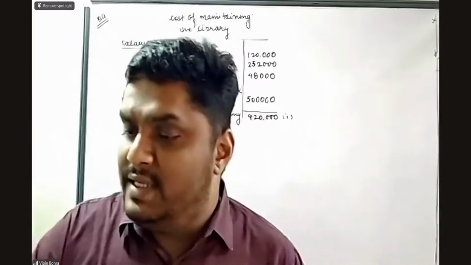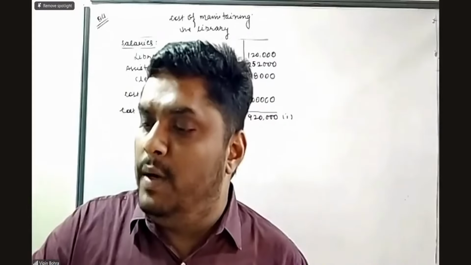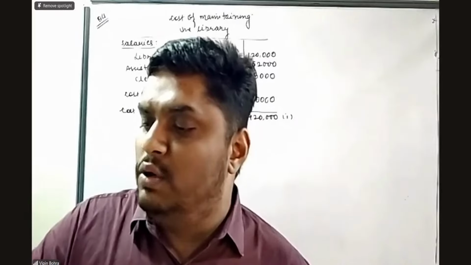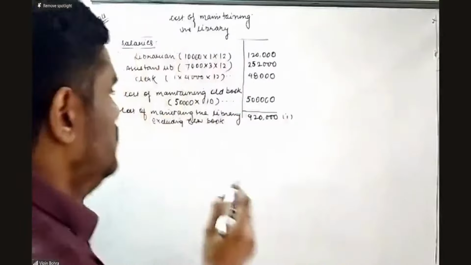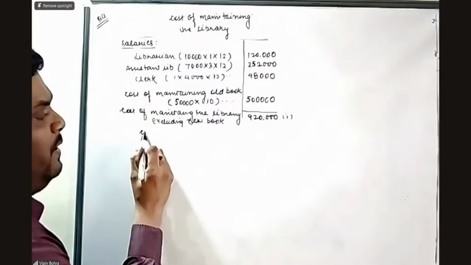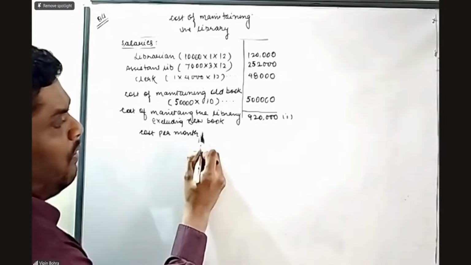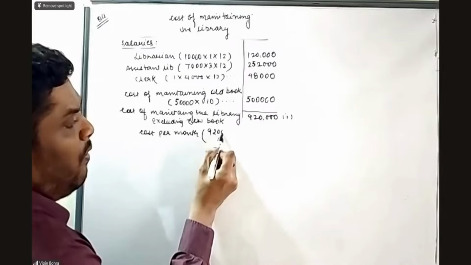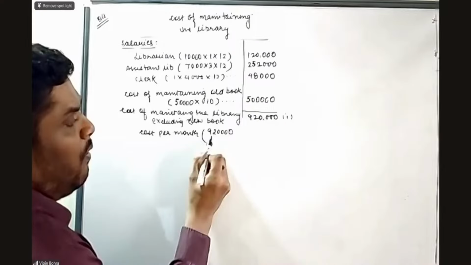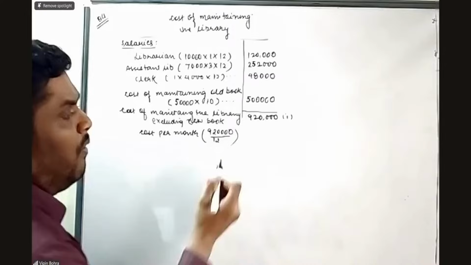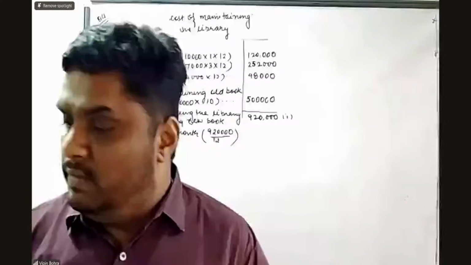The second question they are asking is the cost incurred per member per month on the library, excluding the cost of new books. So let's calculate the cost per month. 9,20,000 divided by 12.